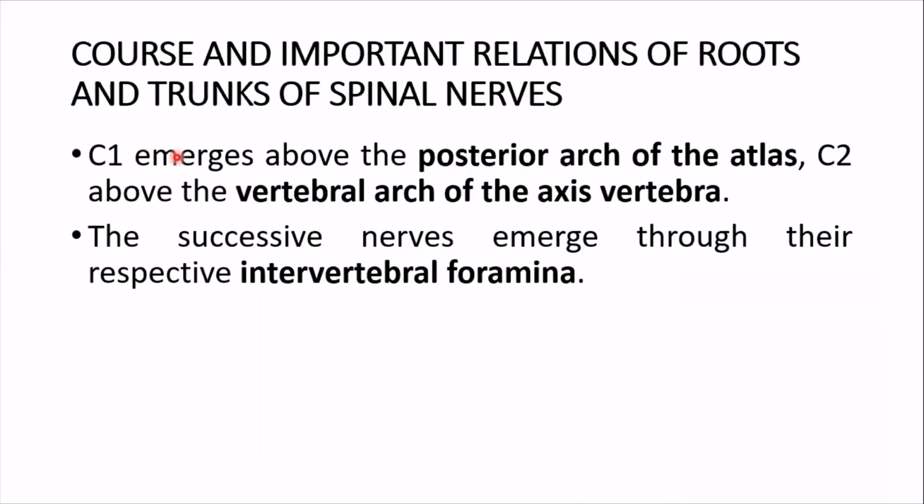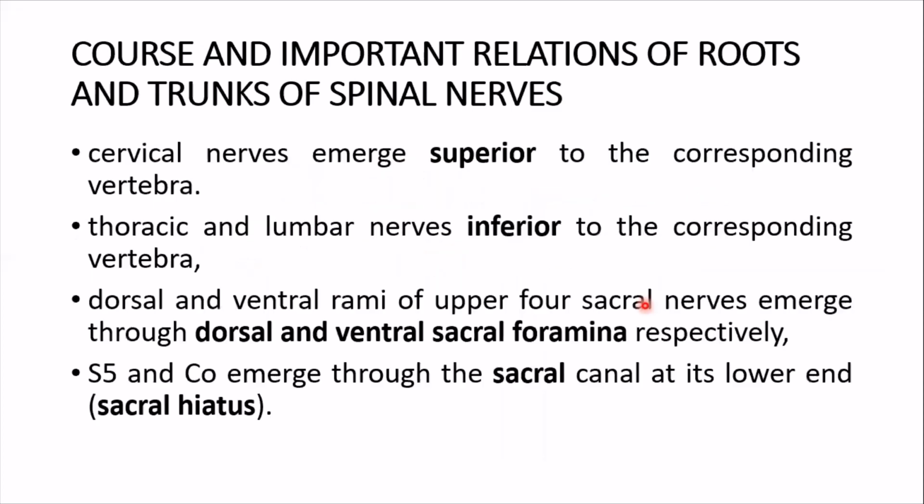And then C1 emerges above the posterior arch of the atlas, C2 above the vertebral arch of the axis vertebra, and the successive nerves emerge through their respective intervertebral foramina, right? So C1 and C2 are emerging differently, not through the intervertebral foramina. It's a very important point. This I already told you in my previous lecture, right?